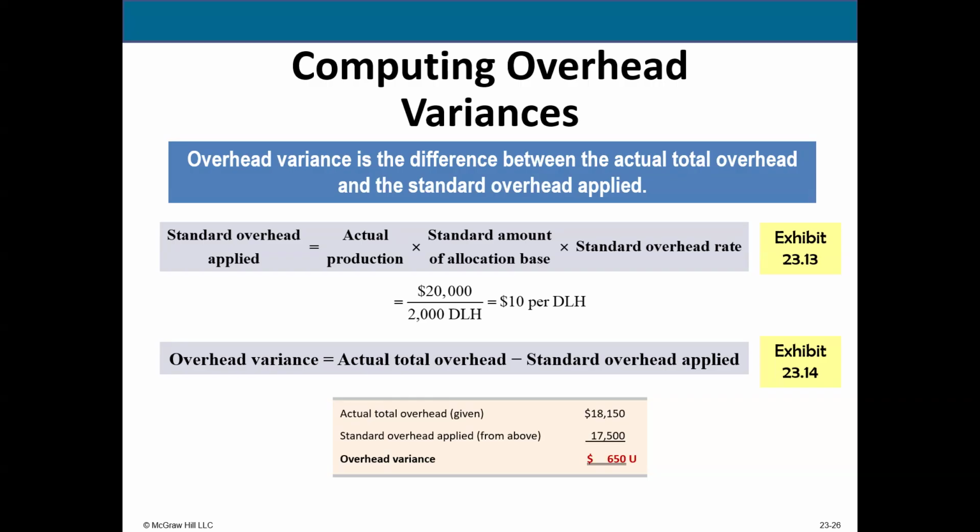To find the overhead variance, we take the total actual overhead minus the standard applied overhead. So management has determined that our standard overhead rate is $10 per direct labor hour, using the same information we have from our earlier example.